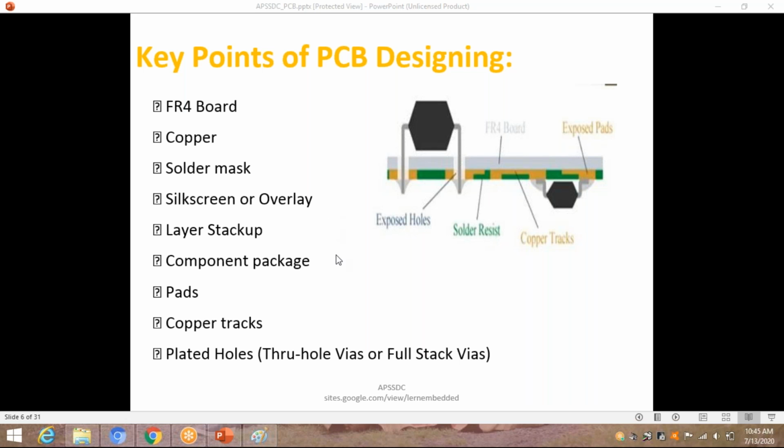Next, you will be knowing all of these while designing: layer stack up, component package. Everything will be learned step by step. Component package: there are two types of packages in PCBs.